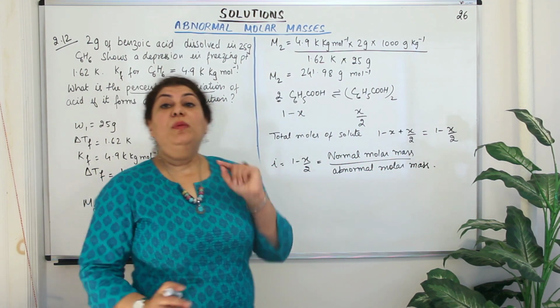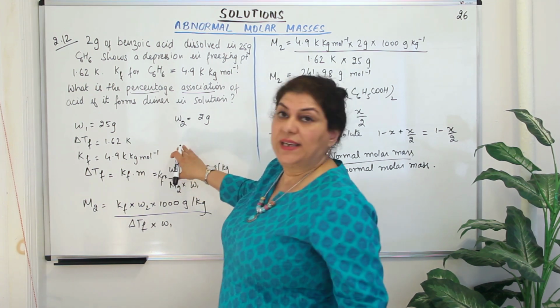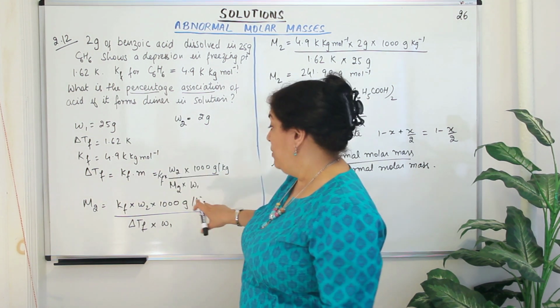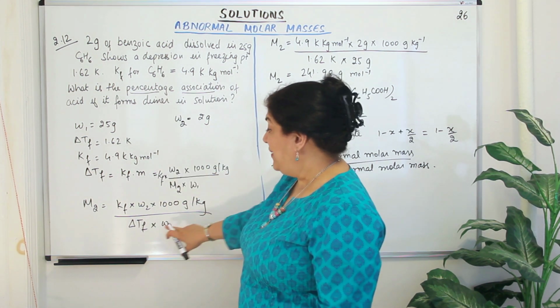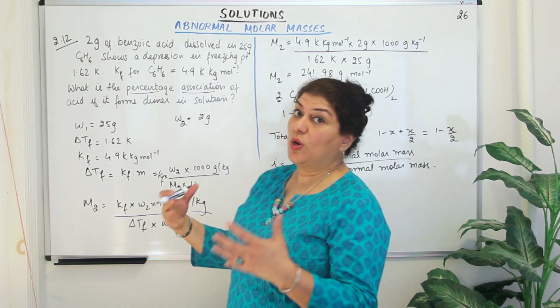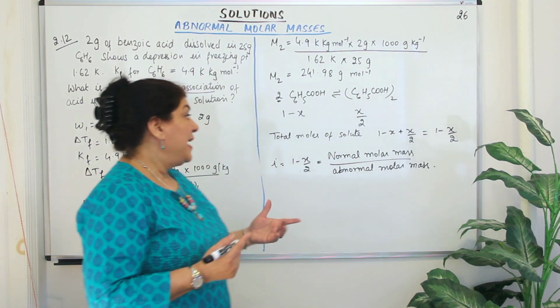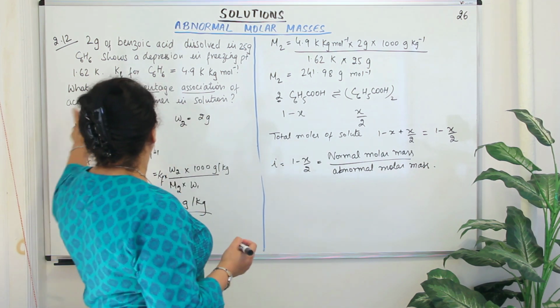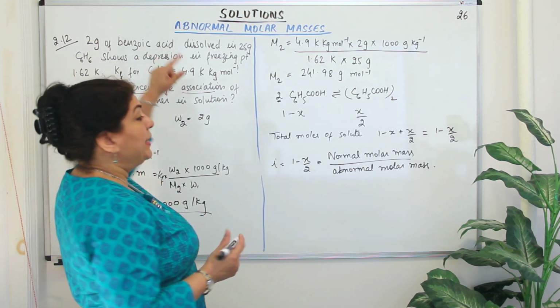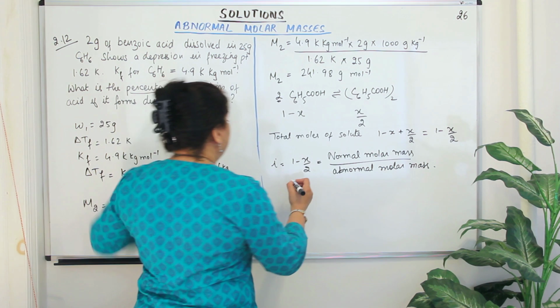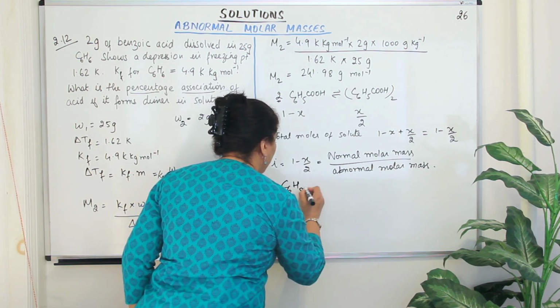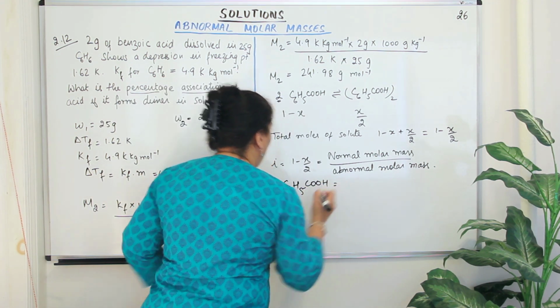What is the abnormal molar mass? The mass that we calculated here is the abnormal molar mass. The one that we calculated from this equation was the abnormal molar mass. And what is the normal molar mass of the solute? And what is the solute that you have? Benzoic acid. The formula is C6H5COOH. What would be the mass?